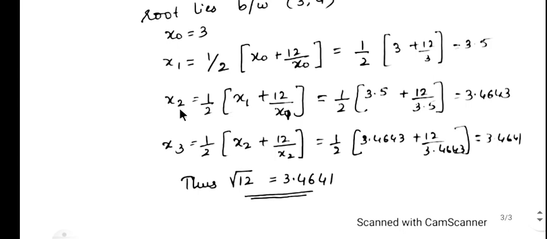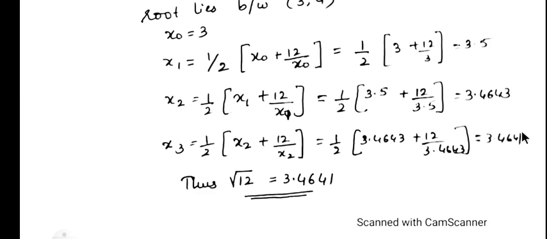Next, x2 is equal to 1 by 2 x1 plus 12 by x1, replace the value of x1, simplify it and calculate it, you are going to get the answer as 3.4643. Then similarly x3 we have to do, we will get the answer as 3.4641.